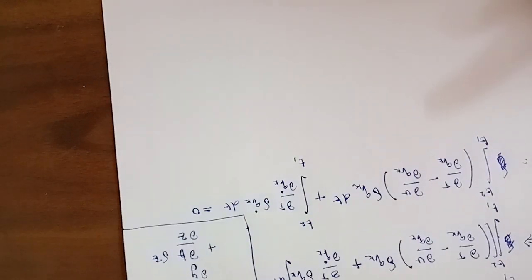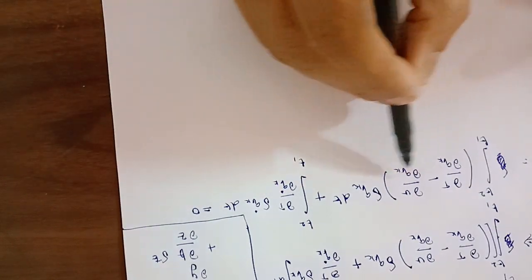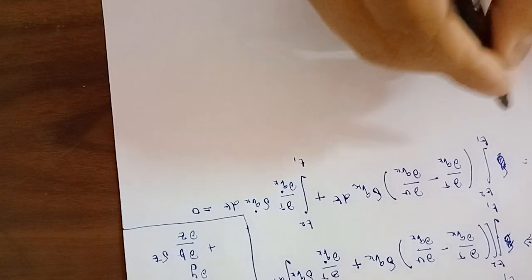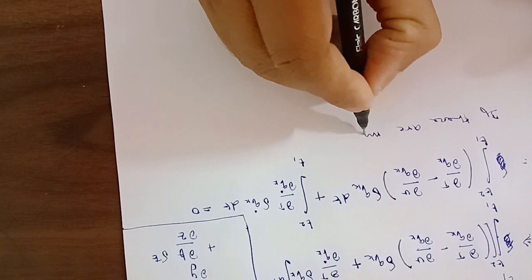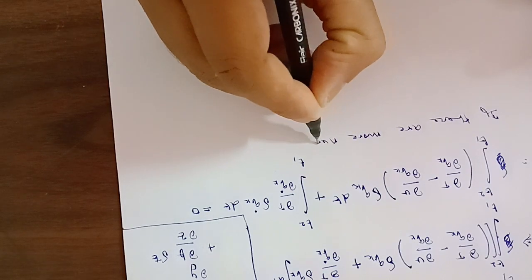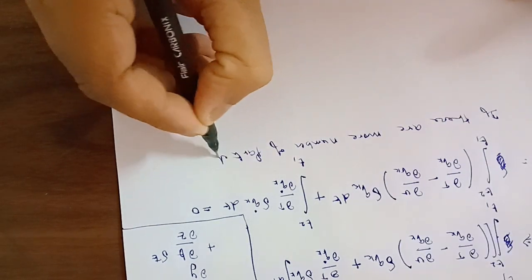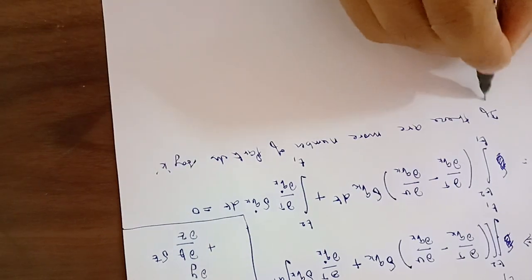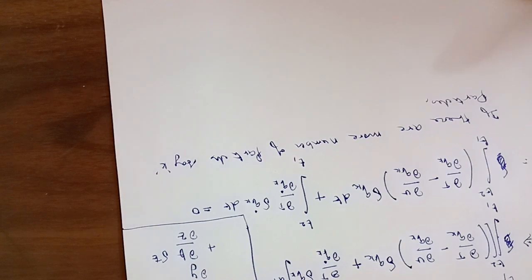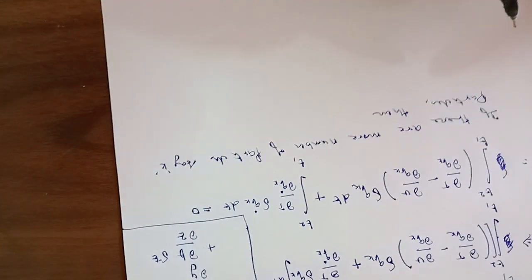Okay. Now this equation represents a single particle. If there are more number of particles, say k particles, then we may use the summation symbol in the above equation.